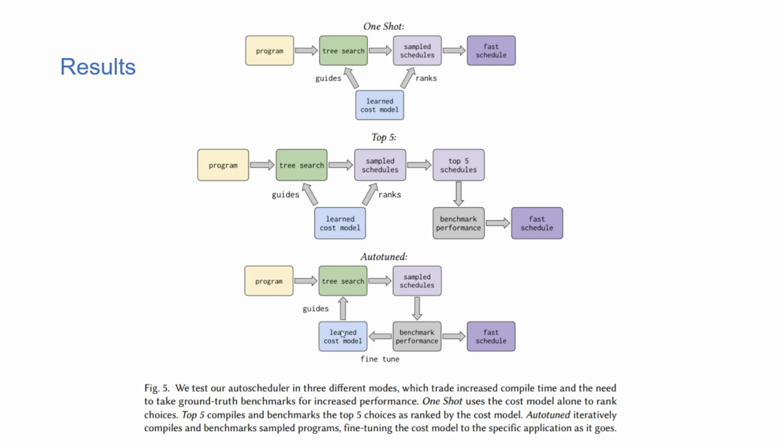And the last one is the most time consuming, because it goes into a loop that involves benchmarking, but also involves training the cost model to improve it as we go, and this is going to get you the best result but with the slowest compilation time. Again, the 3 options are named one shot, top 5, and auto-tune.